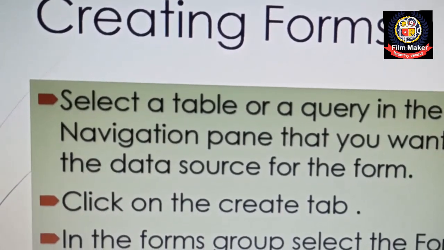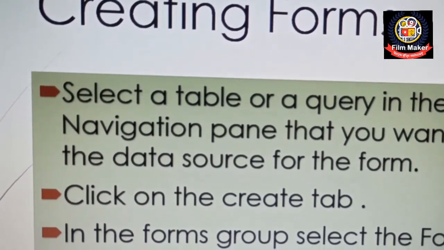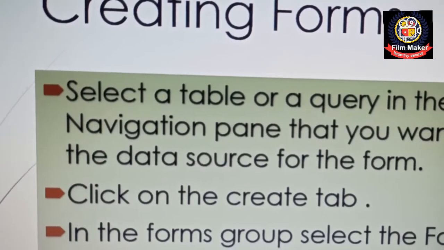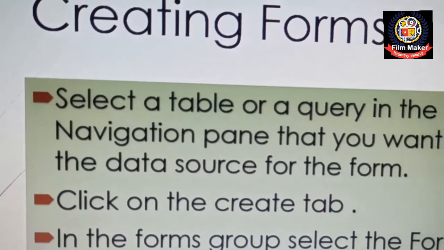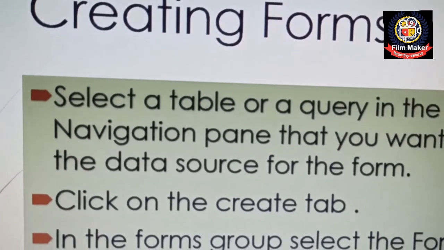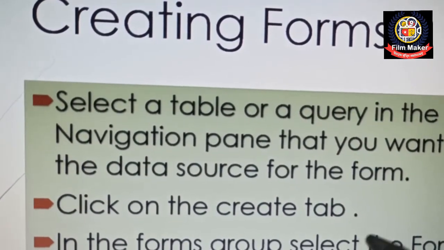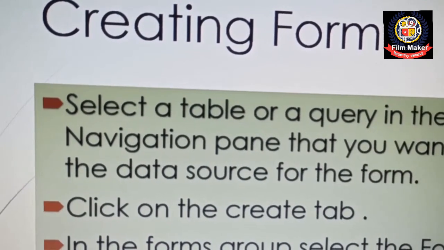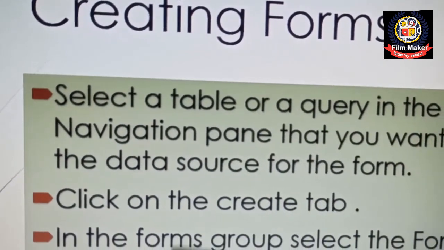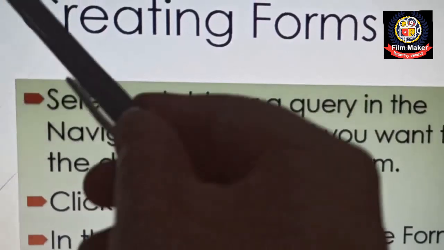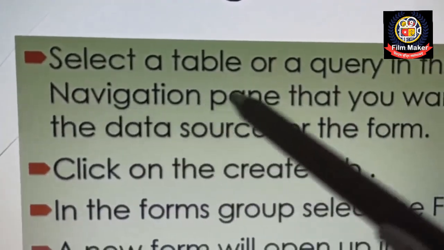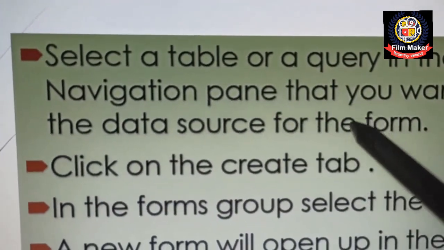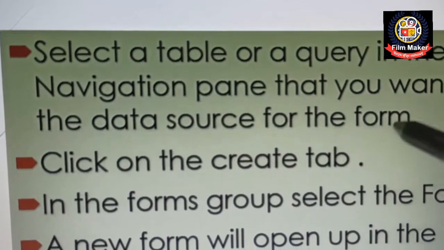Means from which table you want to create the form, whether it is a student table or a marks table, whatever tables you have created in MS Access. The navigation pane, as you all know, is the pane appearing on the left hand side.